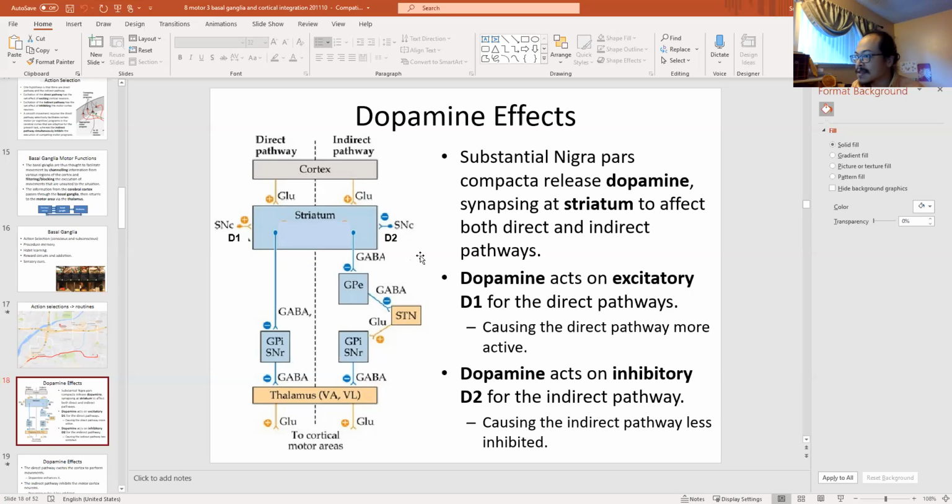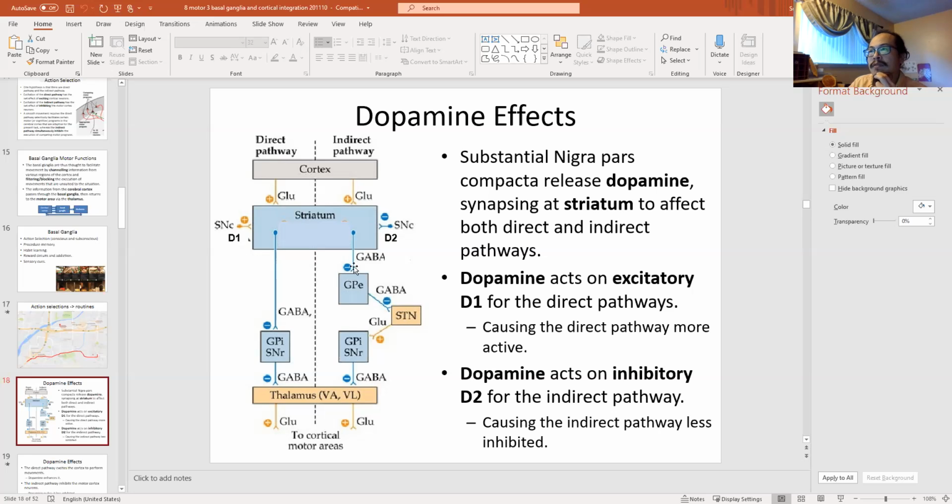So it's not complicated. It's very easy. D1 is the excitatory receptor. So when the substantia nigra releases dopamine, it will excite. The D1 is located in the direct pathway. The D2 is located in the indirect pathway.